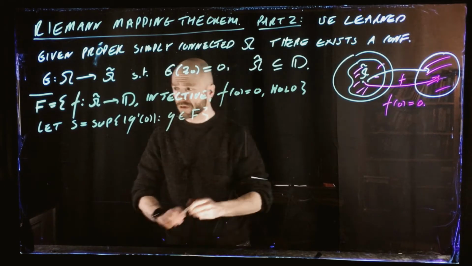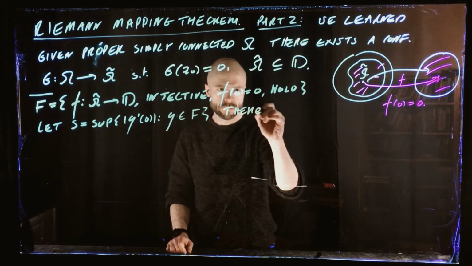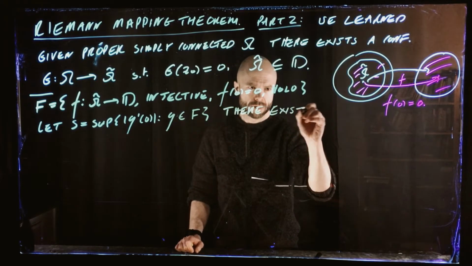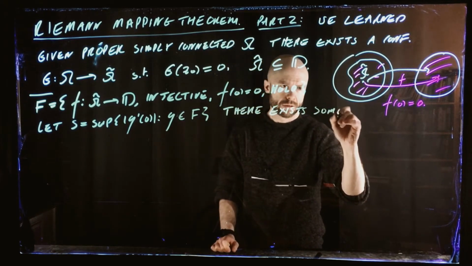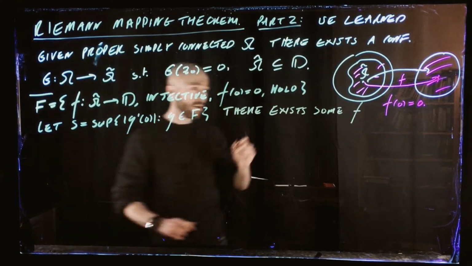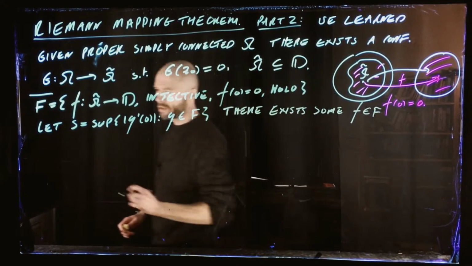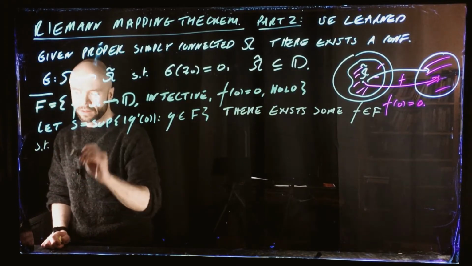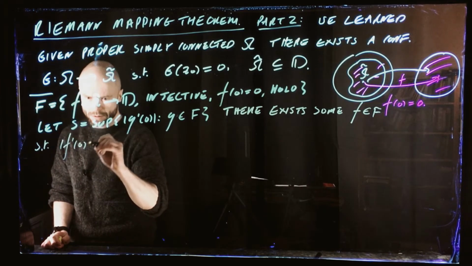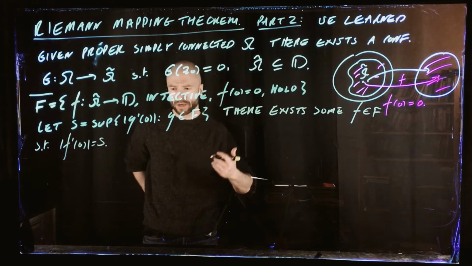And what we showed was that there exists some f inside our family such that this guy actually achieves the supremum. Okay? That's where we were at the end of the last class.